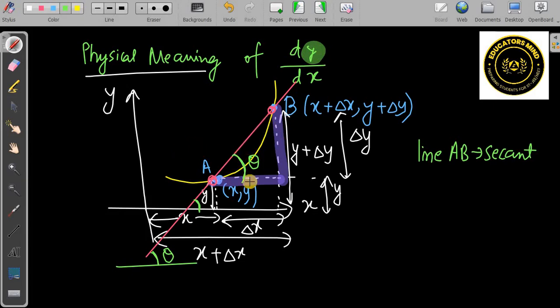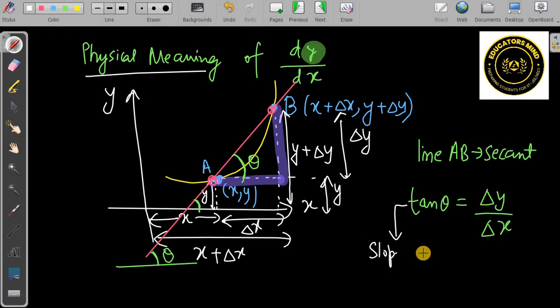Now if I take tan theta in this triangle, it will be delta y by delta x, correct? This tan theta is also known as what? You must be knowing about it. This is the slope of a straight line. Slope of secant AB.